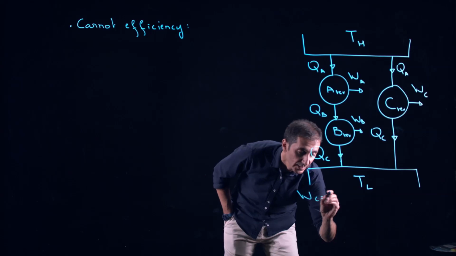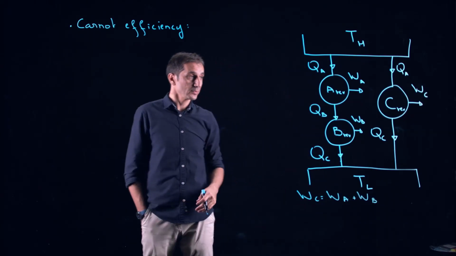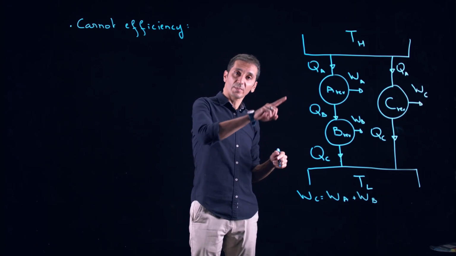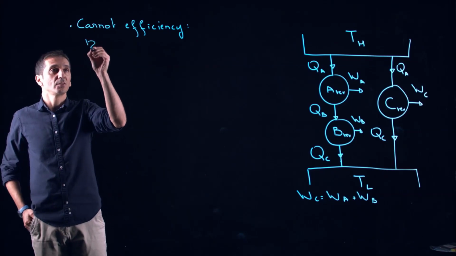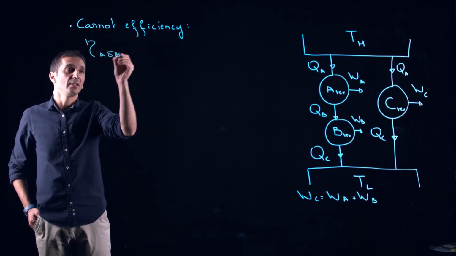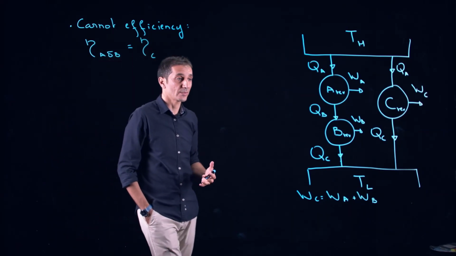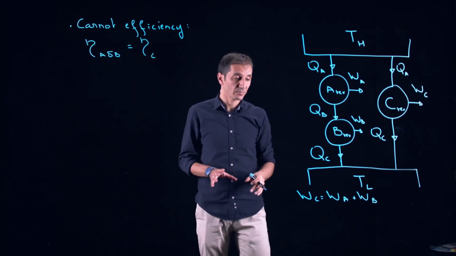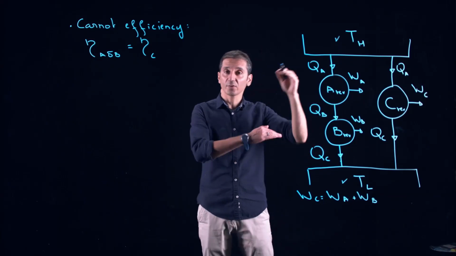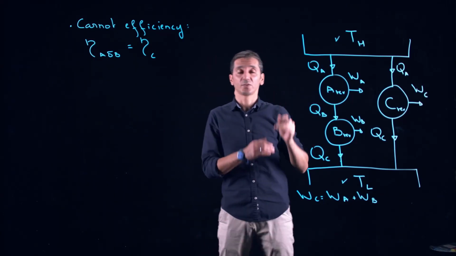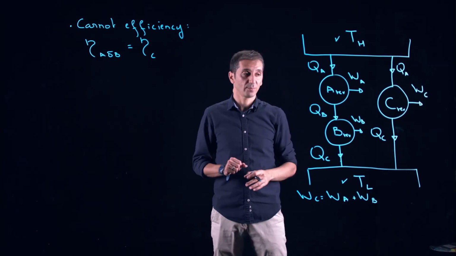So the work C is equal to work A plus work B. And we also know something important: the thermal efficiency of A and B must be equal to the thermal efficiency of C. This follows the Carnot principle, since we said that as long as you give me 2 temperature reservoirs, here set as TL and TH, whatever I put in between, if I'm claiming that they are reversible, they have to have the same thermal efficiency.